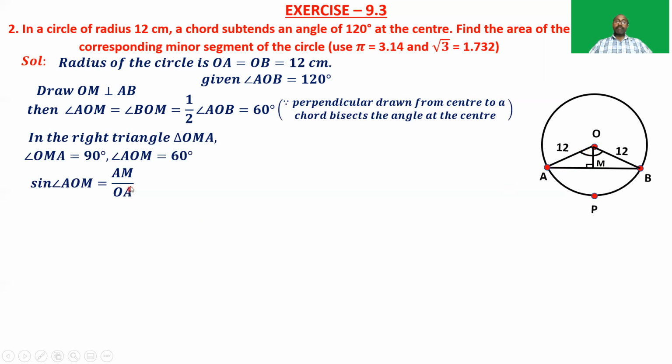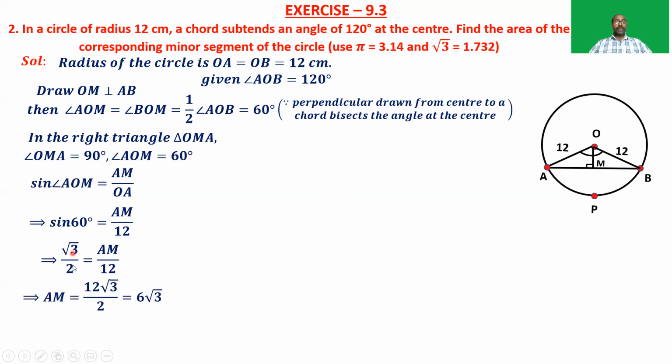So sine of angle AOM is equal to AM by OA, where AM we have to find, and OA is the hypotenuse. Angle AOM is 60 degrees. So by substituting these values, we get sine 60 degrees is equal to AM by 12. And we know that the value of sine 60 degrees is equal to root 3 by 2. So root 3 by 2 is equal to AM by 12. And from this, we have AM is equal to 12 into root 3 by 2, which is equal to 6 root 3.